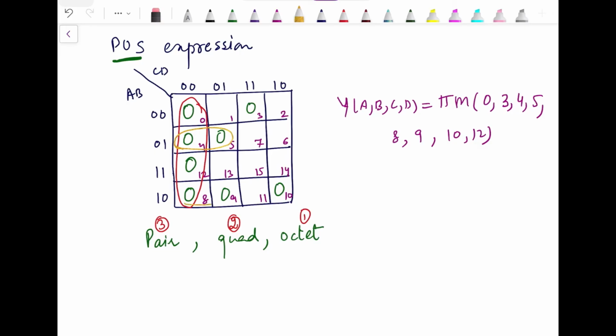Even this one, there is no possibility of any combination, so it will be an individual zero. When we look at this, if we fold this from here to this side, then we can combine max term 8 with max term 10.